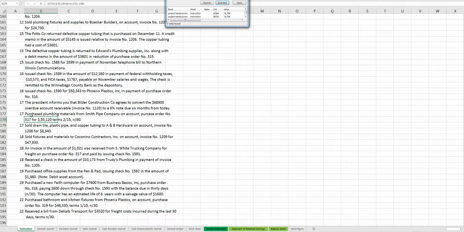Right, it's right here. Purchase order 317, and the terms are 2/15, n/60. It's different. So if we pay within 15 days, we'll get a 2% discount. Since we paid on December 31st, I think we should get a discount.